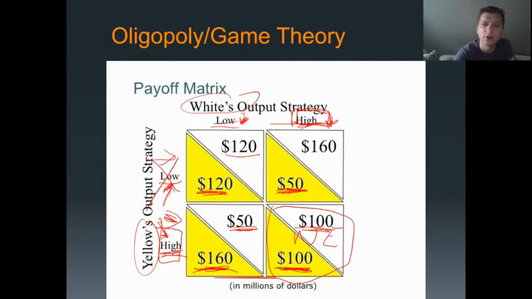So if white chooses low, it now no longer makes 120, it makes 140. And in this one they'd no longer make 50, they'd make 70. They would no longer make 120, they'd make 140, and they would make 70 here. And that's all you have to do. And then it might ask you to reanalyze based off of those changes.